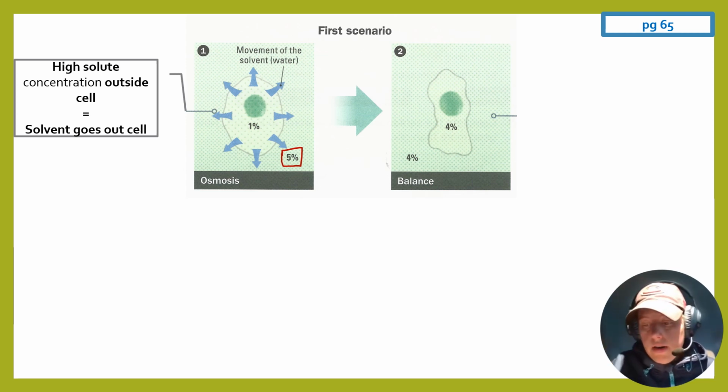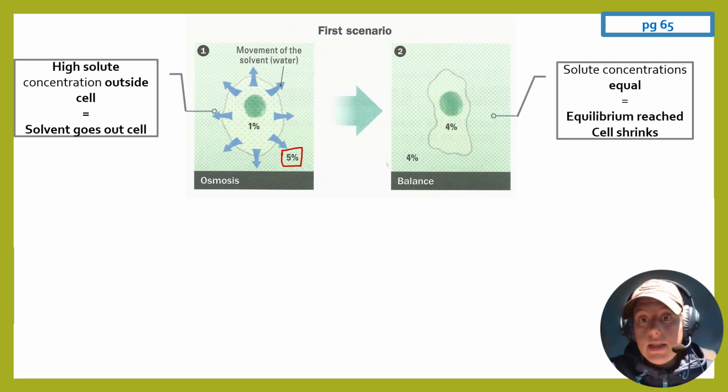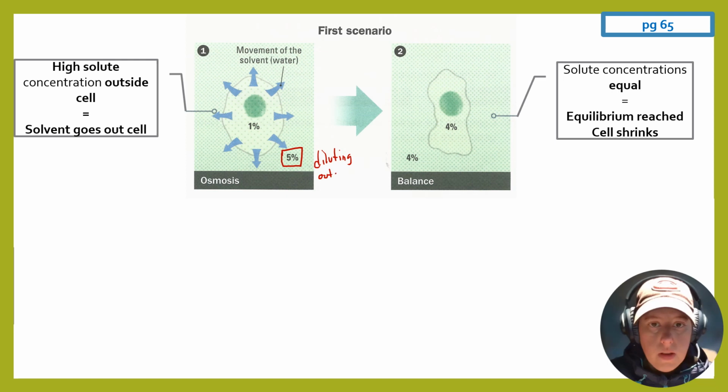Since water is leaving, the size of the cell gets smaller because the water is coming out. As the water is coming out, it's basically diluting the outside, bringing the concentration lower. So in this situation, the cell gets smaller.